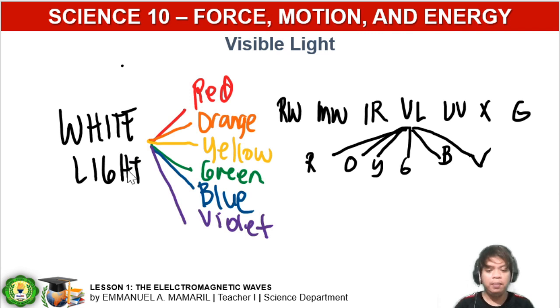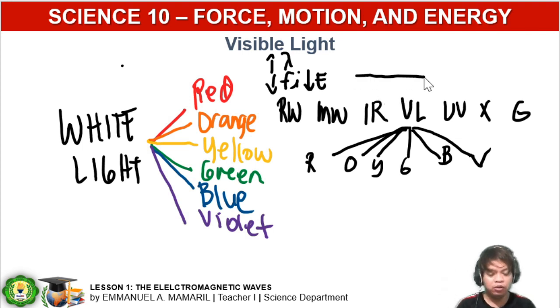Okay? Remember guys, that on the leftmost part of the electromagnetic spectrum, we have a very, very high or long wavelength, but low frequency. Therefore, low energy.